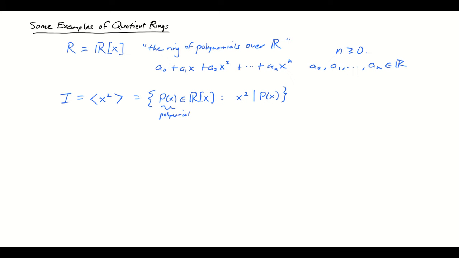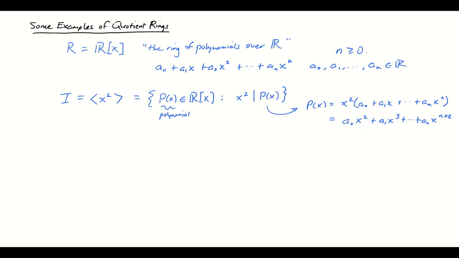In other words, p of x has to be expressible in the form x squared times some polynomial, which means that when we expand it out and write it in standard notation, we get something like this, up to x to the n plus 2. So it's the set of all polynomials whose zeroth coefficient and first coefficient, the constant coefficient and the linear coefficient, are both 0.